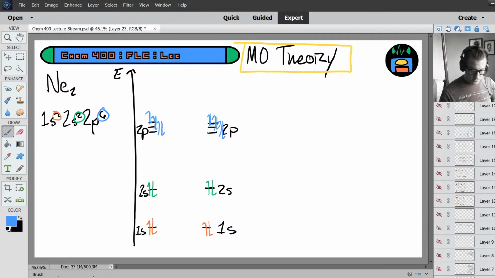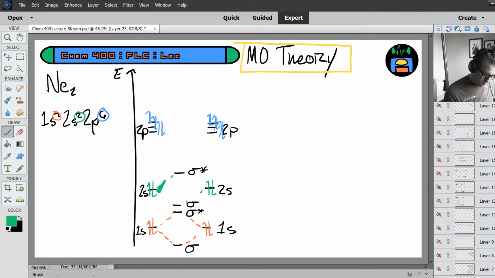All right, now we got to mix our orbitals together. So our 1s orbitals mix to form a sigma star and a sigma. Our 2s orbitals mix to form, same deal, sigma and sigma star.